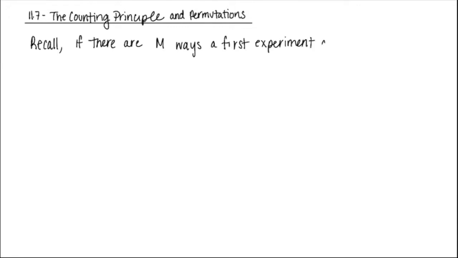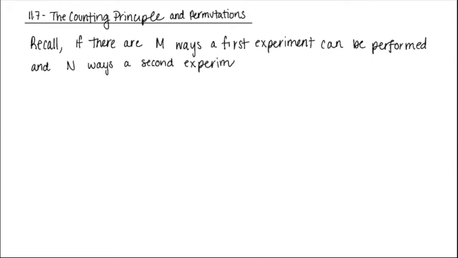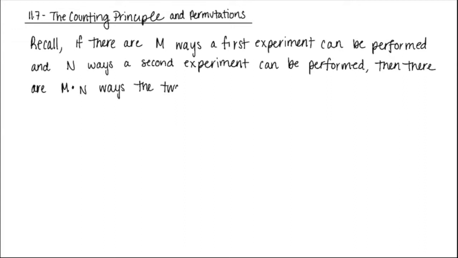So the first thing we're going to do is recall that counting principle. So recall, if there are m ways a first experiment can be performed, and n ways a second experiment can be performed, then there are m times n ways the two experiments can be performed in that order.